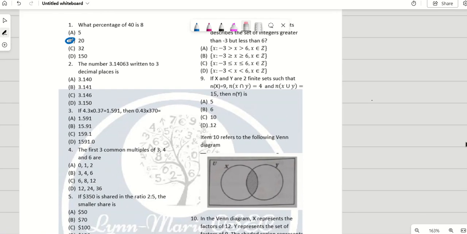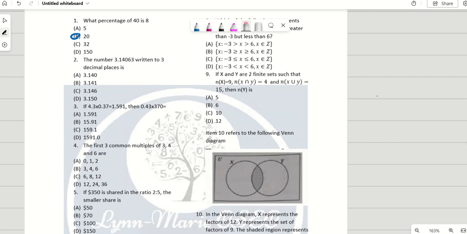Right, the next question, number 2, the number 3.14063 written to 3 decimal places, meaning we're counting 3 digits after the decimal point. That is, 1 would be the first, 4 would be the second, 6 would be the third. A line has to be drawn after the third, right?